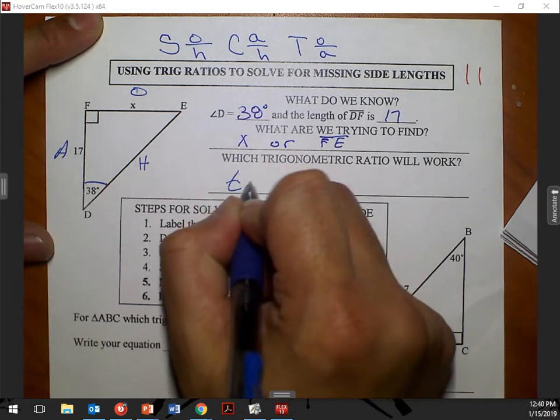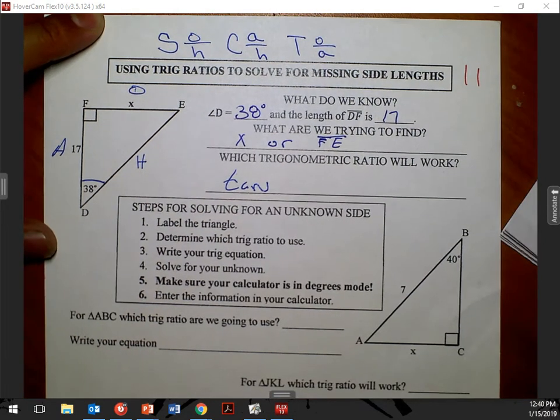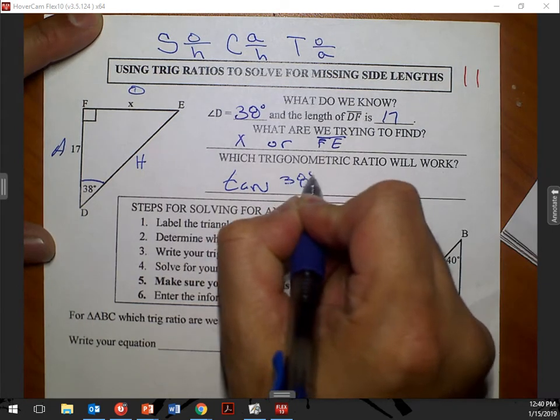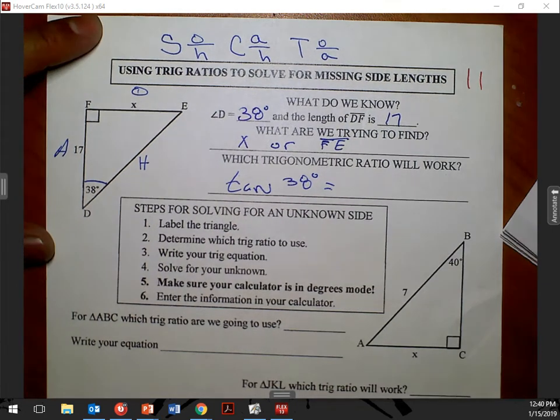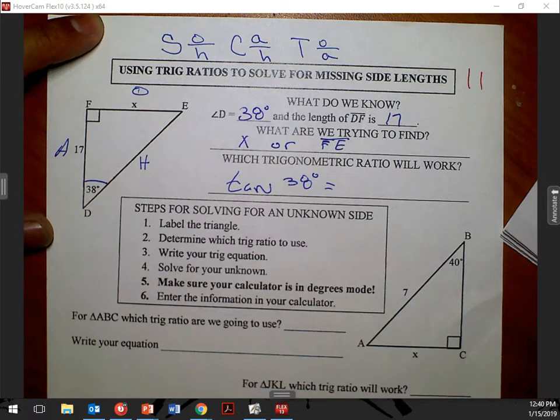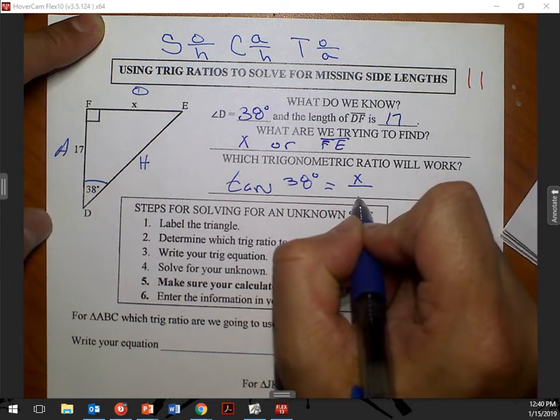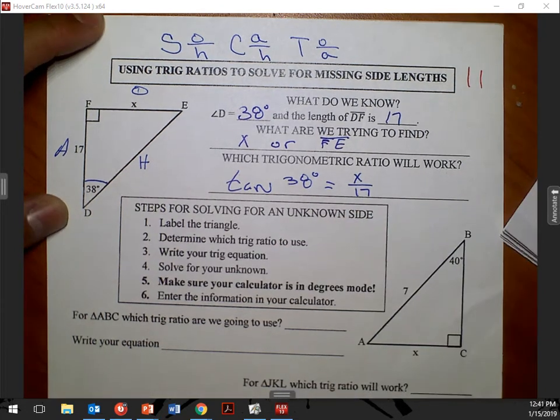So I'm going to put tan of 38 degrees is equal to, now tangent's always what over what? Opposite over adjacent. So I'm going to use x over what is adjacent? 17. Very good.